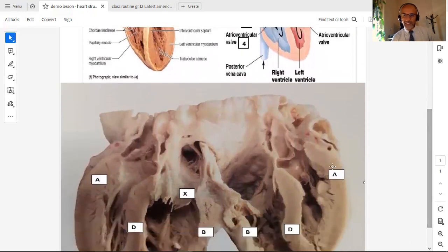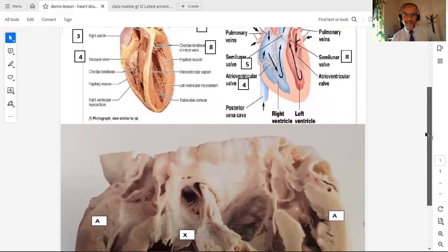So A here is this tissue here, okay? A very important tissue, normally referred to as the myocardium, and is the wall of the left ventricle, all right? And B would be here, okay? The wall of the right ventricle, okay?